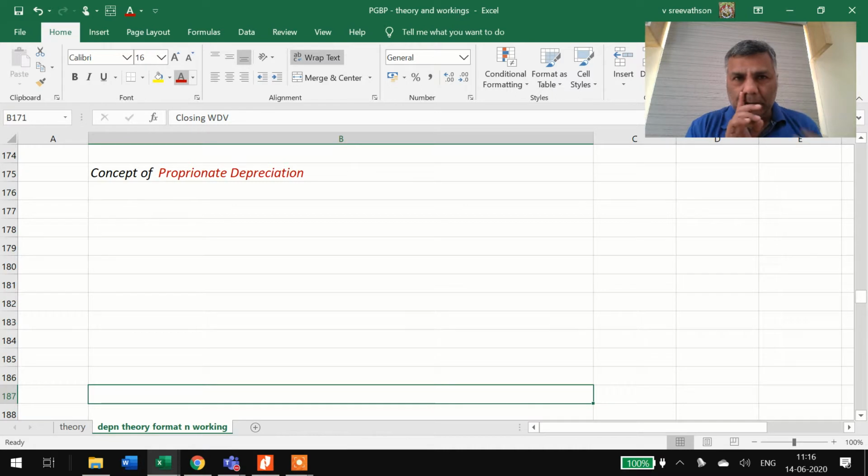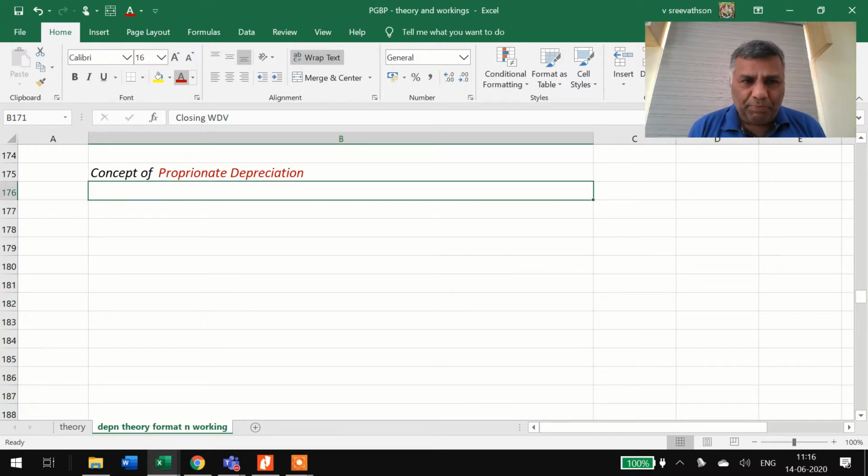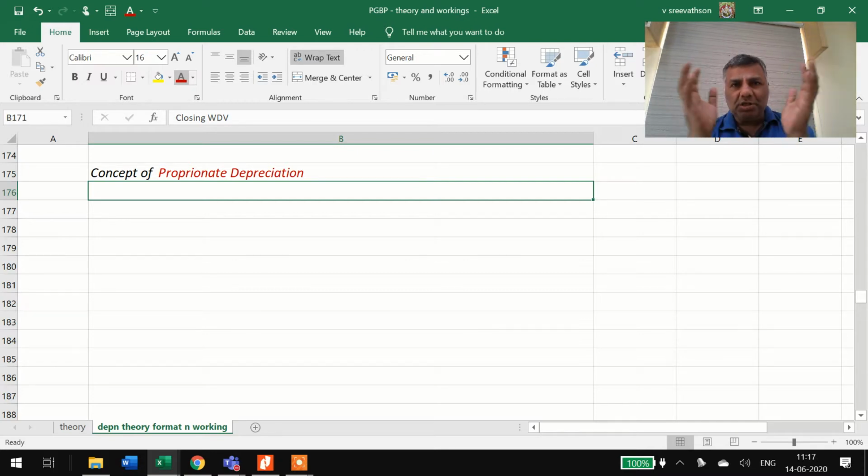Now, why am I writing concept of proportionate depreciation? This is not computation of depreciation. This is distribution of depreciation.